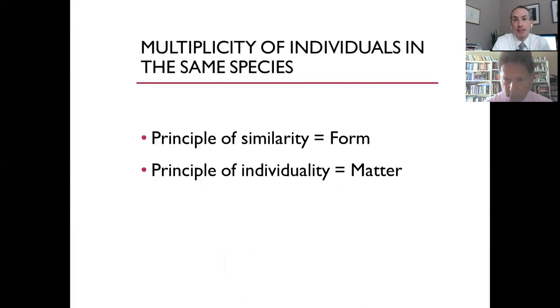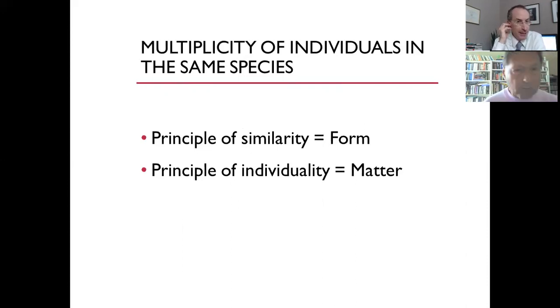Okay, so the principle of similarity, we assume that it exists, and we're going to call that the form. And the principle of individuality, we assume that it exists, and we're going to call that matter.